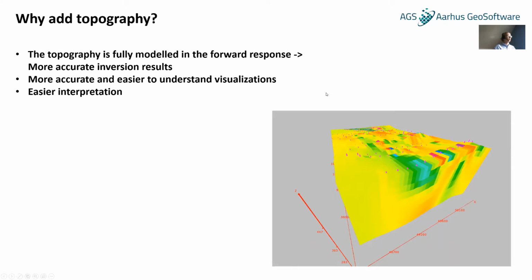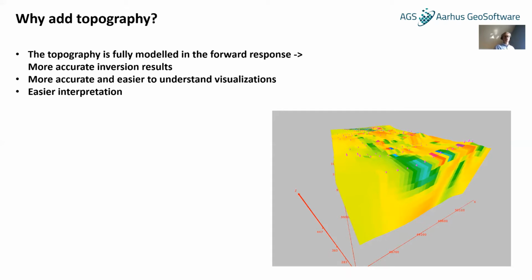So why add topography? The prime reason for adding topography to your DAT files is that it will actually improve the inversion results in Res3DInv. It will simply make them more accurate because when the topography is not completely flat, this changes the distances between the electrodes and the current flow path between the electrodes as well.